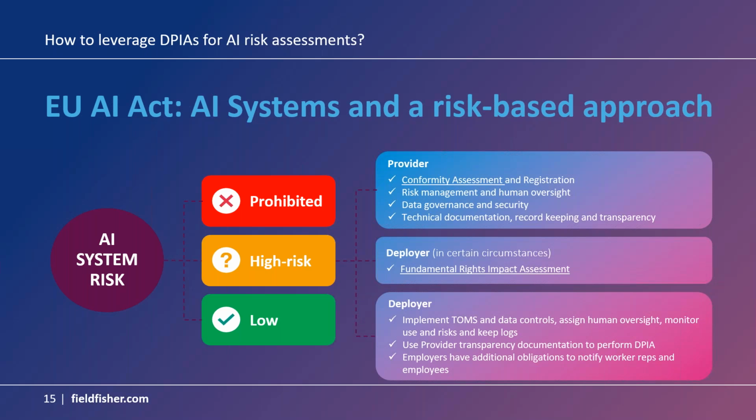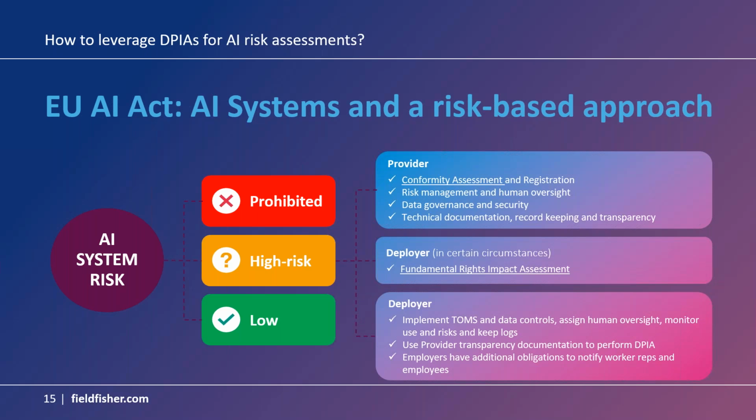There is a derogation to the Annex 3 categories if the system does not pose a significant risk of harm to the health, safety, or fundamental rights of natural persons. If that's the case, a provider can document these, and on that basis, it can exclude the system from the Act's obligations on high-risk systems.